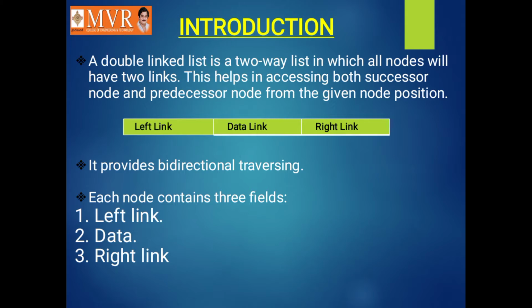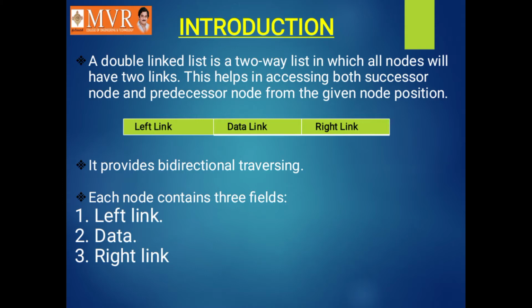Each node contains three fields. As I have mentioned, the node in a double linked list contains three parts: one for storing the data and two for storing the link parts.